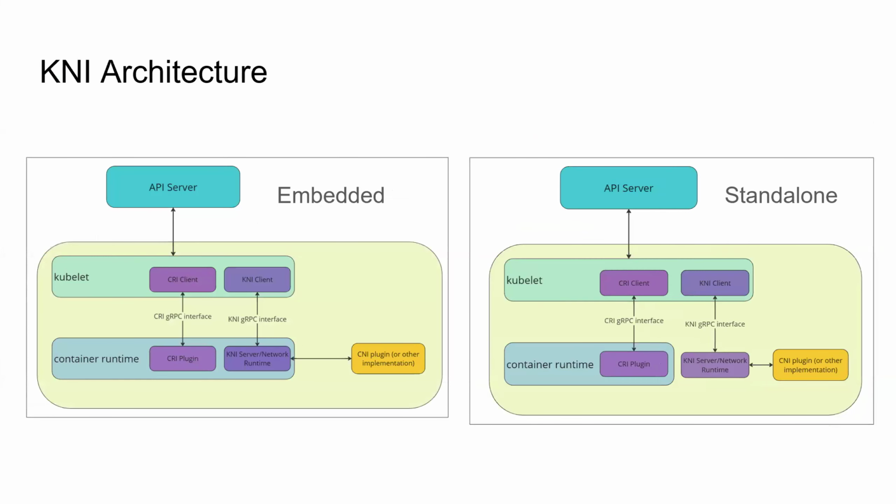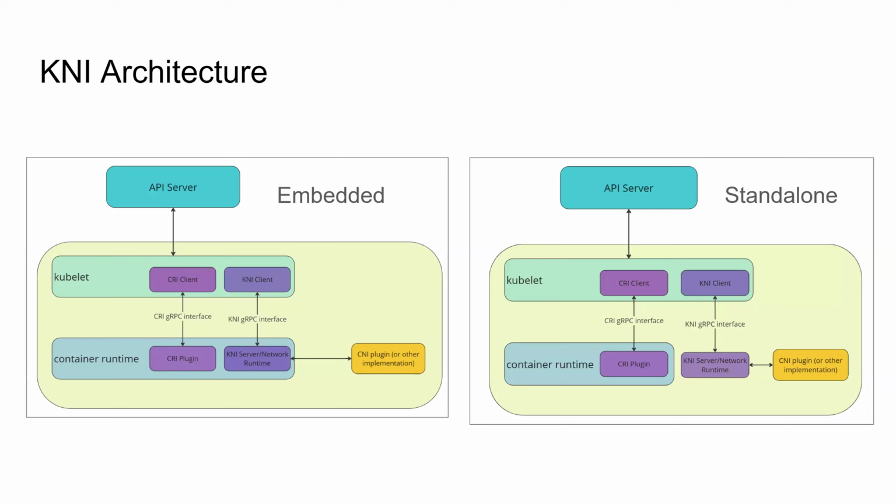So from the KNI architecture, and this is just how it's implemented from the proof of concept, there's really two approaches, embedded and standalone, where the embedded would follow the current pattern where the KNI would actually be implemented as a containerd plugin, or a standalone where it's its individual running process.